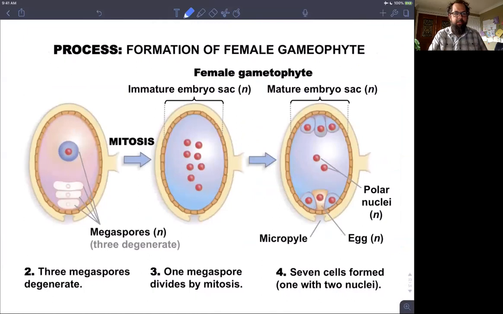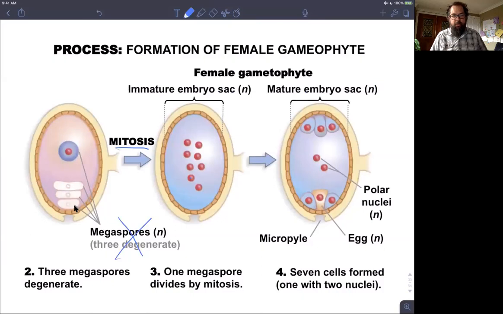Let's look at the process for the formation of that female gametophyte. Meiosis occurs in the megaspore mother cell. That creates 4 megaspores. 3 of these degenerate and go away, and we have 1 megaspore that is maintained. This megaspore then undergoes mitosis and develops into the female gametophyte. A few rounds of mitosis create these 8 nuclei.